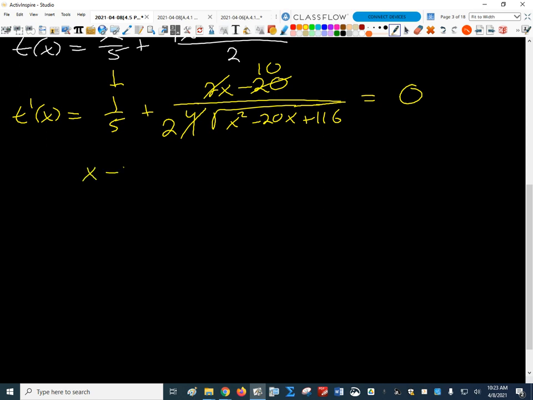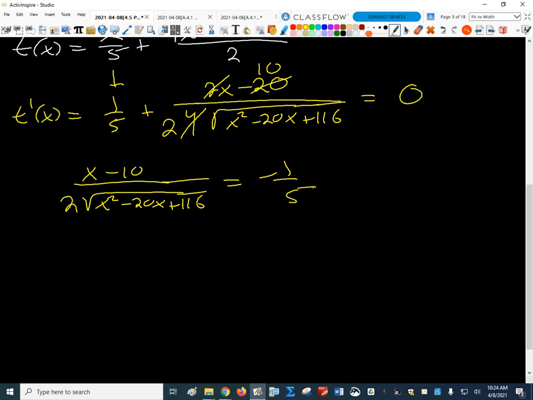So we get x minus 10 over 2 times my big square root equals negative 1/5. Now what? Got to solve that thing.